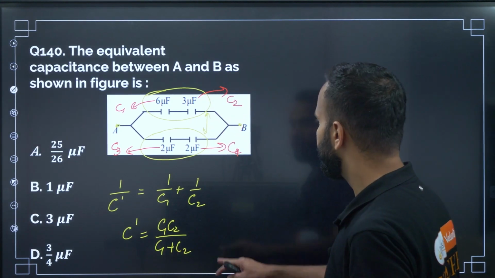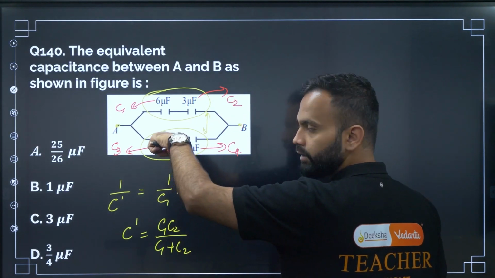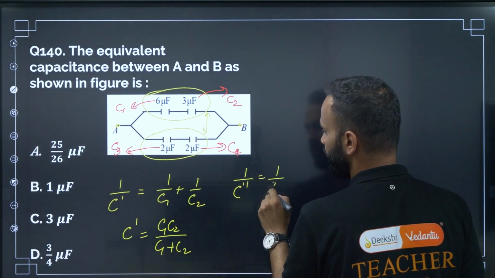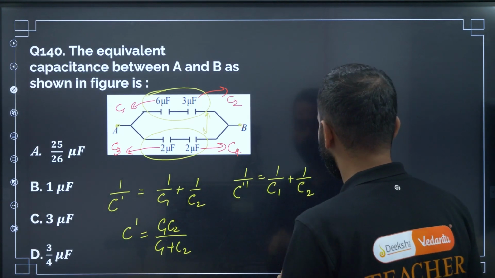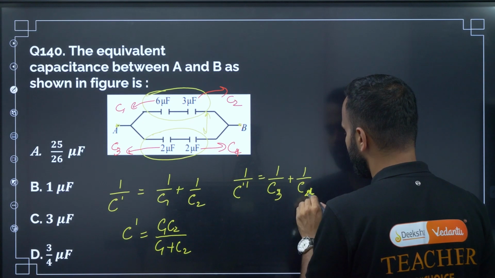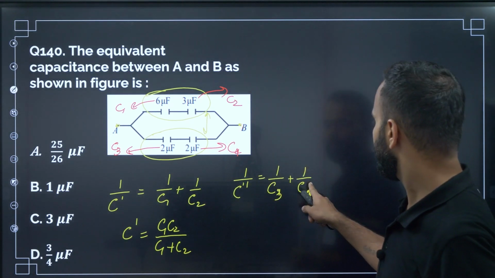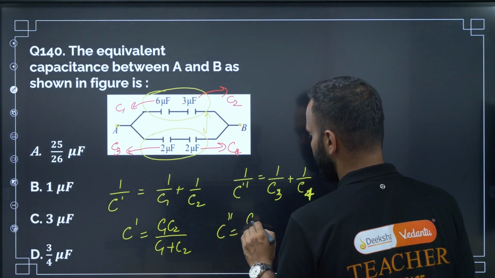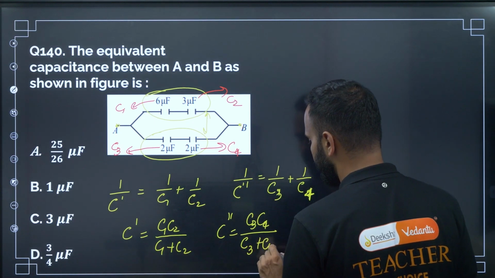Similarly, for the other series capacitors, 1 divided by C double dash is equal to 1 divided by C3 plus 1 divided by C4. Now C double dash is equal to C3 into C4 divided by C3 plus C4, right?